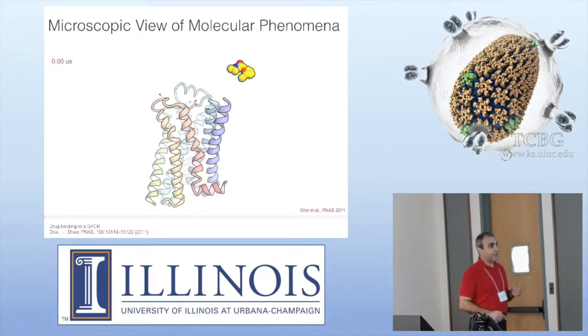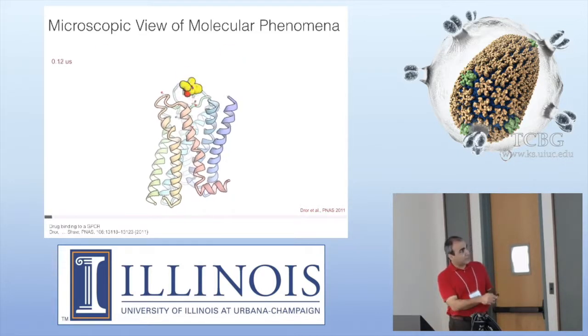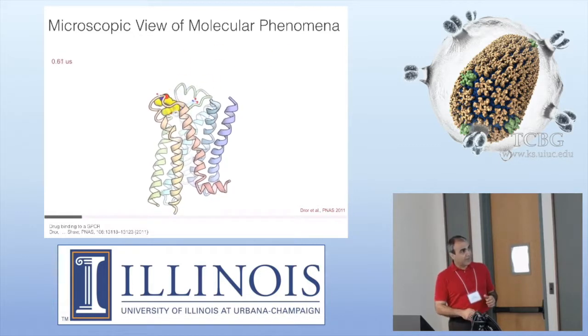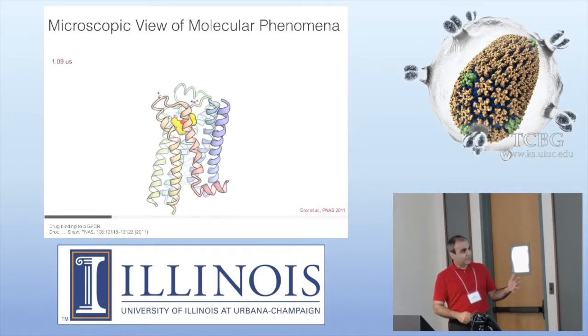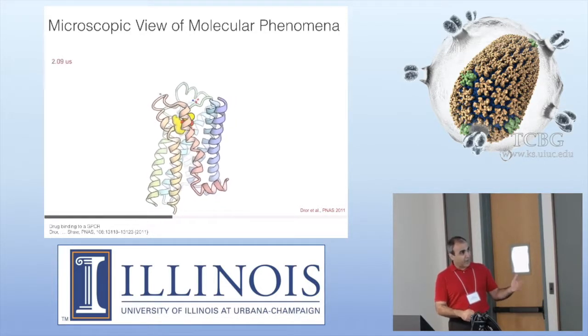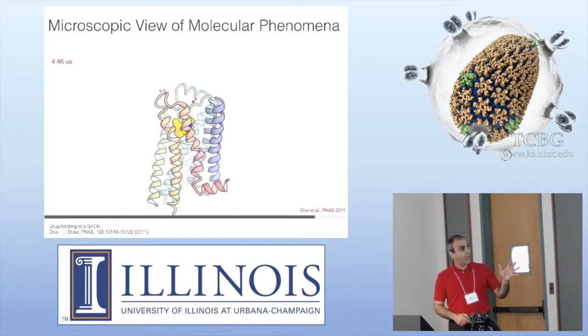Here's another example in which the group of D. Shah looked at binding of a drug to a receptor, a GPCR, and this took several microseconds. You can see how the drug explores the protein, hits it a few times before it really finds its binding pocket, where it sits for a rather long time.